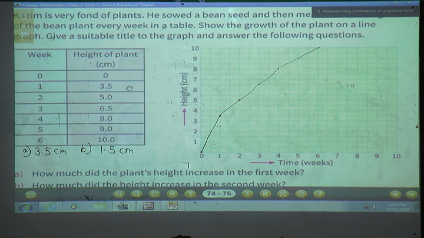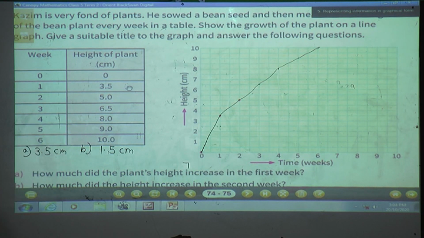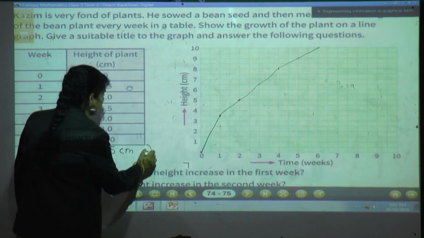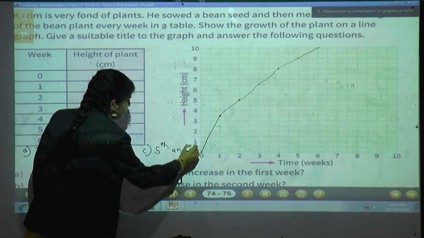Now C1. In which 2 weeks was the increase in height 1 centimeter? Yes. In which two weeks is the height increase the same, 1 centimeter? Yes students, here 5th and 6th. 9 centimeter and 10 centimeter. So the answer is 5th and 6th week.